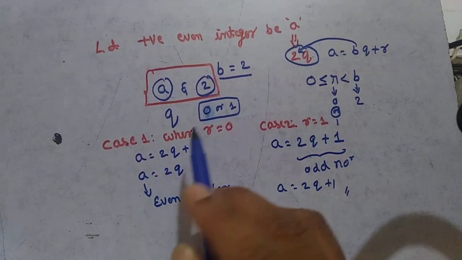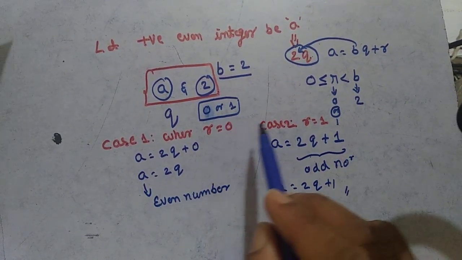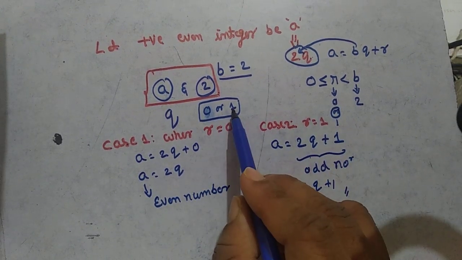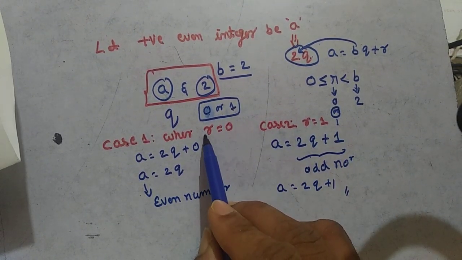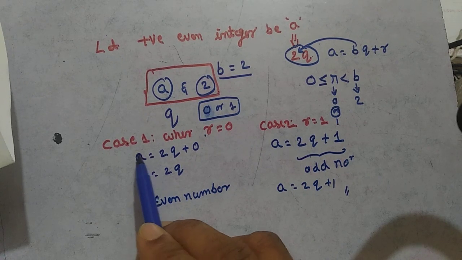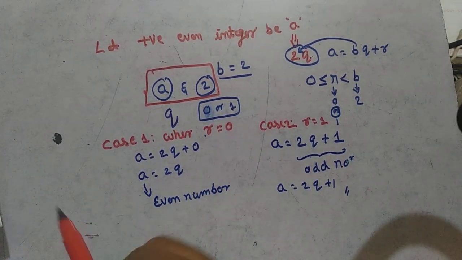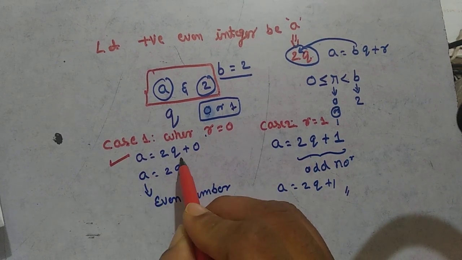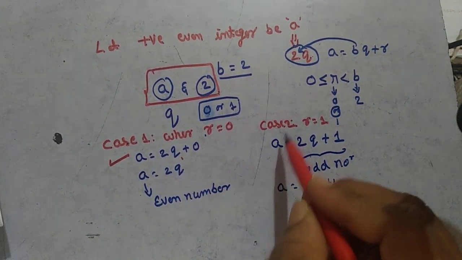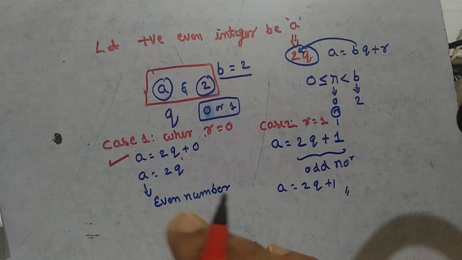So in this case, when b equals 2, remainders will be 0 and 1. So when the remainder equals 0, we apply the lemma, then it becomes like this, and simplifying things like this, we will get the solution.